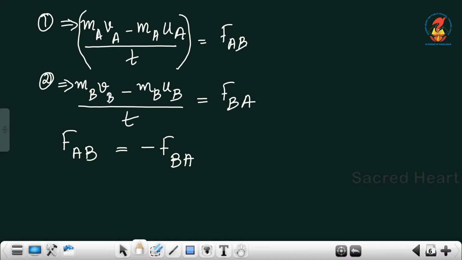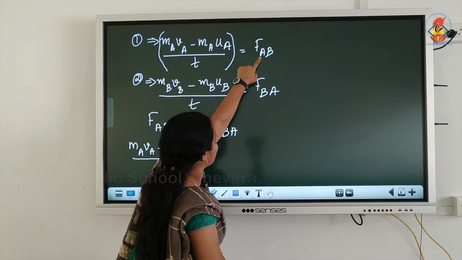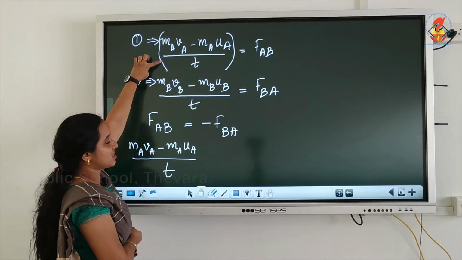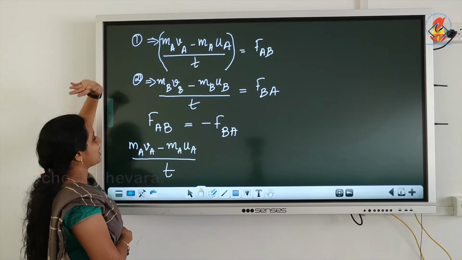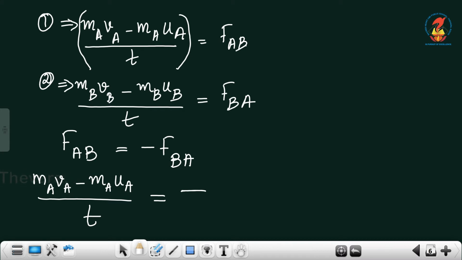So instead of FAB, let us substitute its equation from equation number 1. FAB is equal to MAVA minus MAUA by T. So instead of FAB, I wrote its equation from equation number 1, is equal to minus FBA.